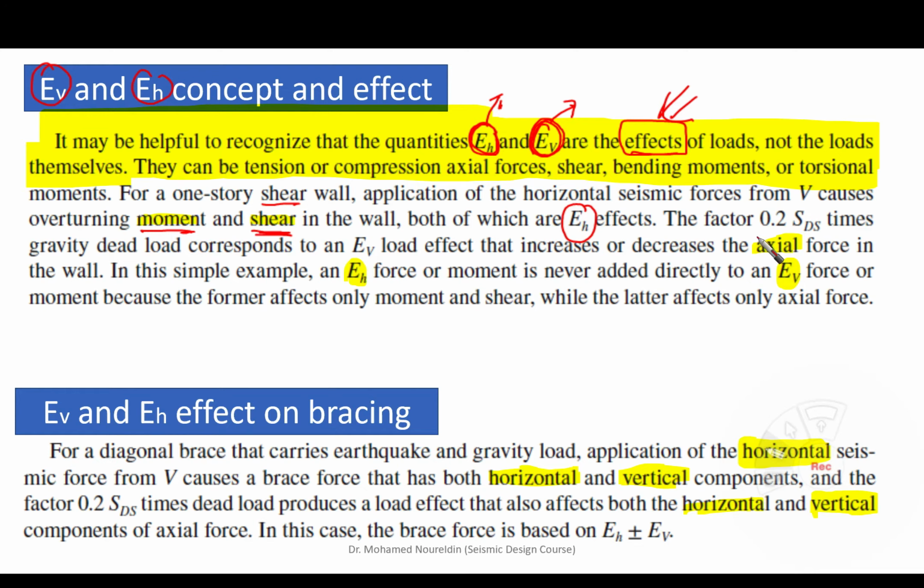Okay, the factor 0.2 SDS times the gravity load, dead load, corresponds to EV. So EV is commonly put as 0.2 SDS, where SDS is the design spectral acceleration for short period. It is a load effect that increases or decreases the axial force in the wall, right?